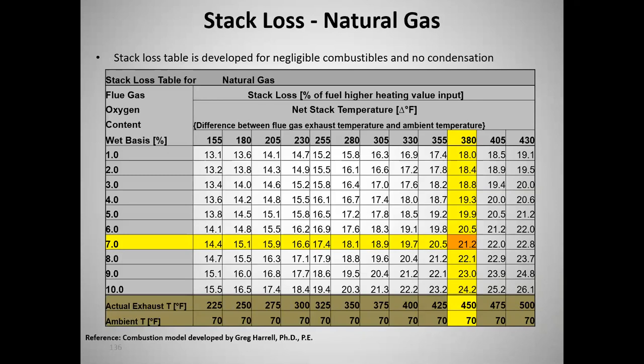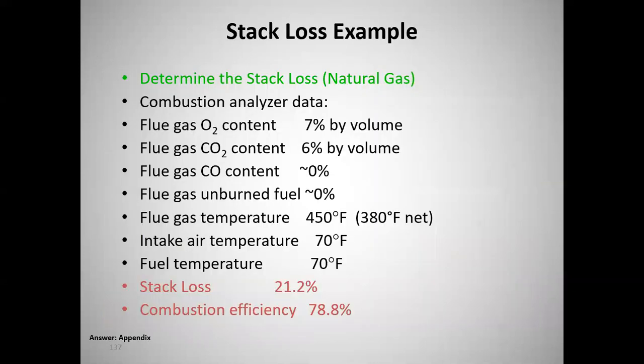So, 21.2%. So 21.2% of the higher heating value of that fuel, the energy content of that fuel, is going up the stack. A pretty significant loss. Okay, so that means the stack loss is 21.2.